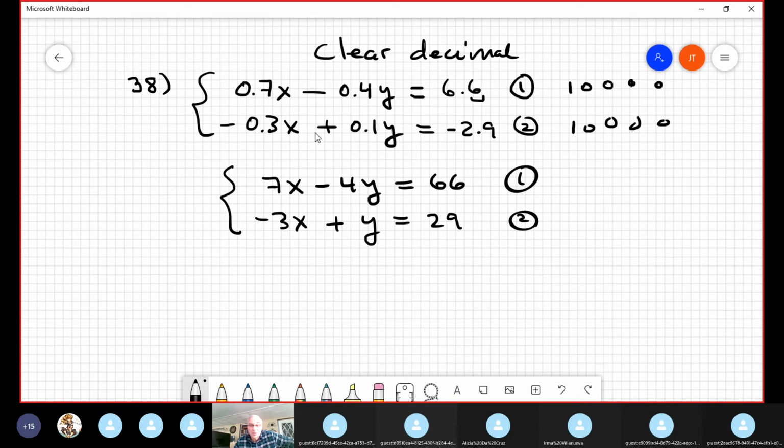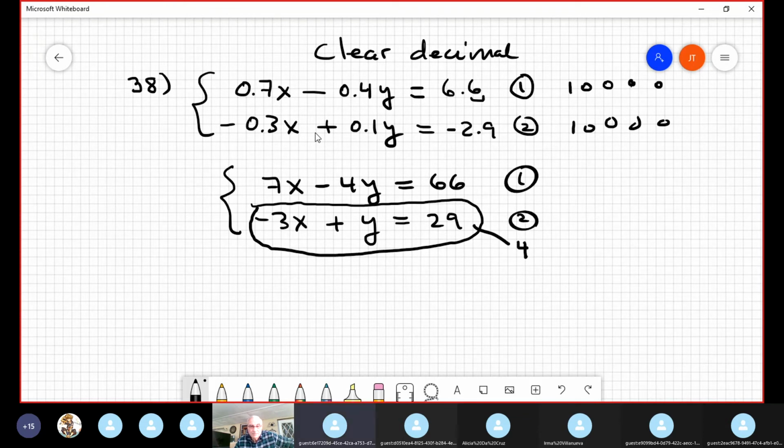Elimination. What do you recommend? Multiply by 4. Multiply which one? The second one. By what? 4. Exactly. Very well. In my opinion, this is the best idea. You multiply this entire equation by 4. Positive 4 or negative 4? Positive. Entonces, I copy 7x minus 4y, which I don't touch for a moment.